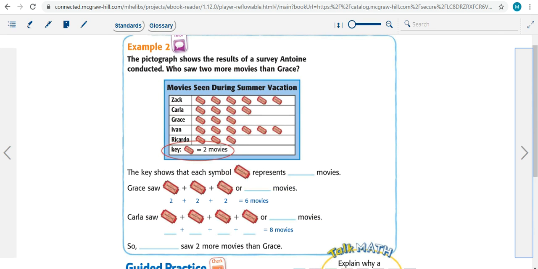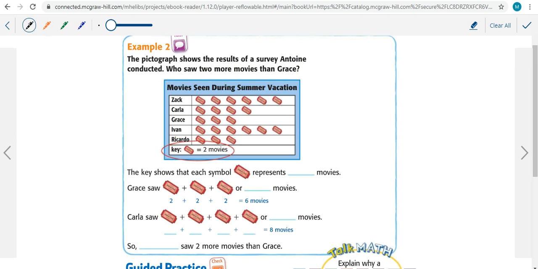Now, the picture graph shows the result of a survey Anthony conducted, who saw 2 more movies than Grace. Now, look at the key. The key is telling me that each ticket represents 2 movies, okay? So let's count.